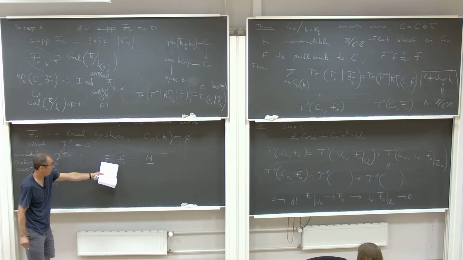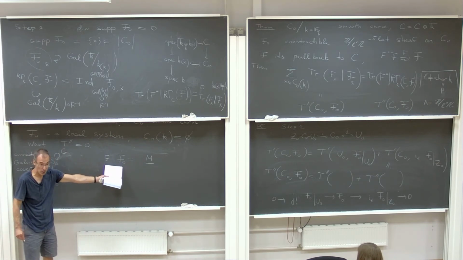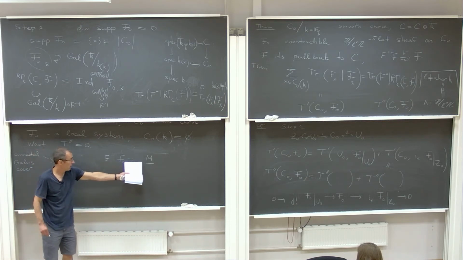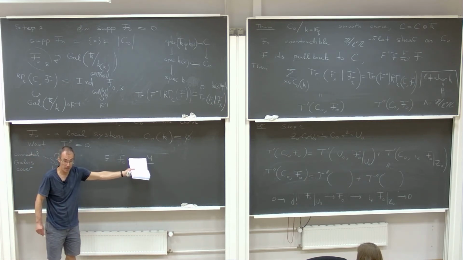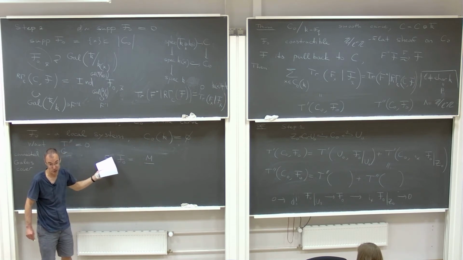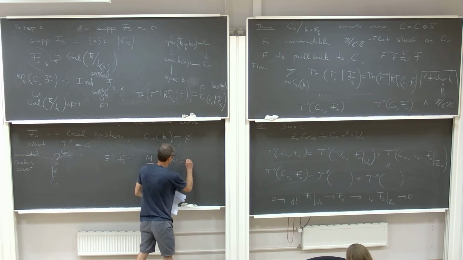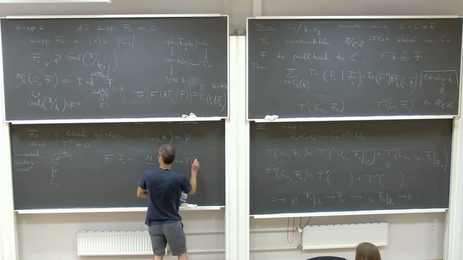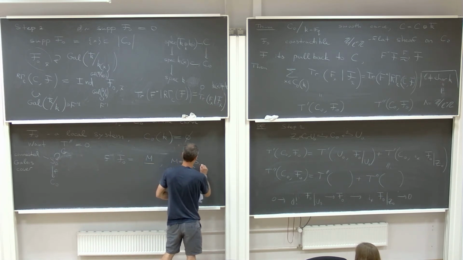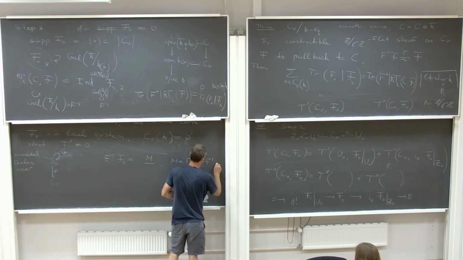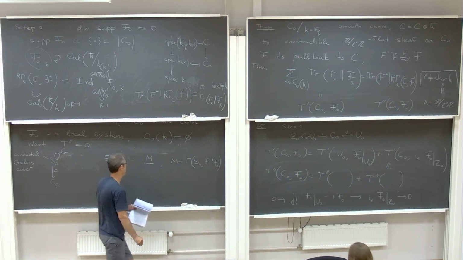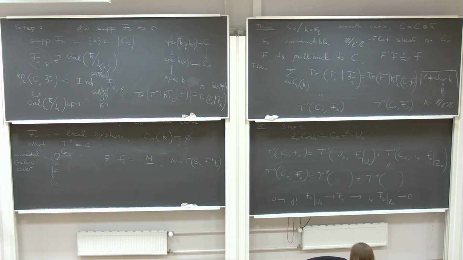If I already know that this sheaf is constant on a connected scheme, then this M can be recovered simply as global sections. So M is canonically the global sections on S0 of F inverse of F0, right? So let's use this.